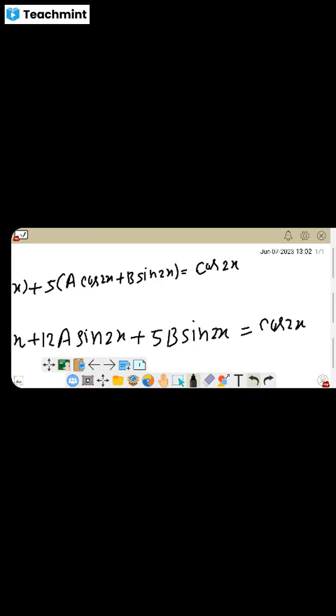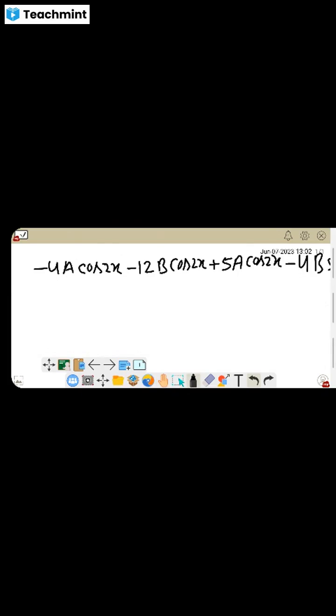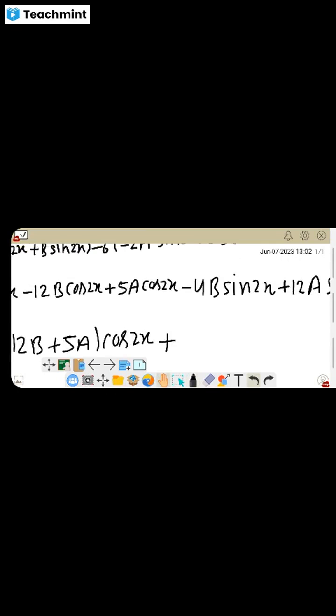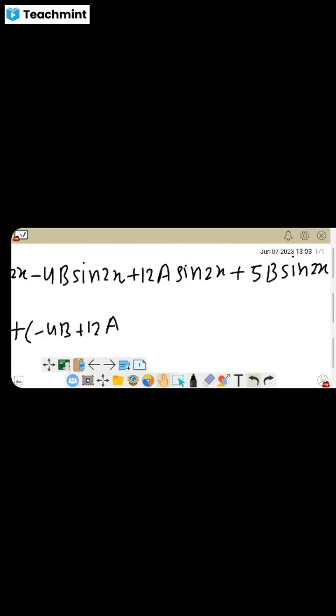Now let us take common. So here we have minus 4a minus 12b plus 5a, and cos 2x is common. And here minus 4b plus 12a plus 5b, and sine 2x is common, is equal to cos 2x.